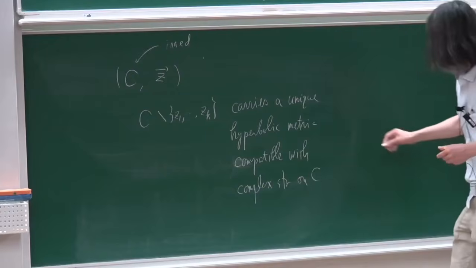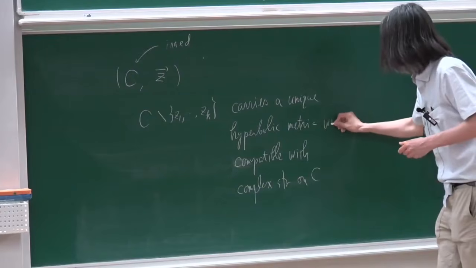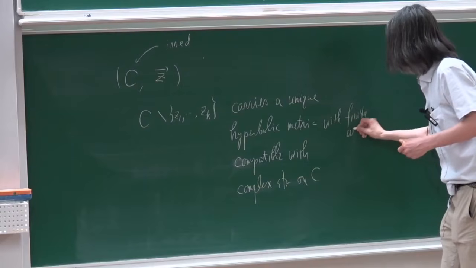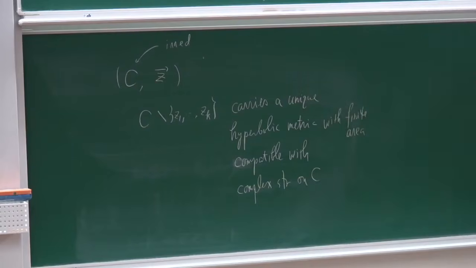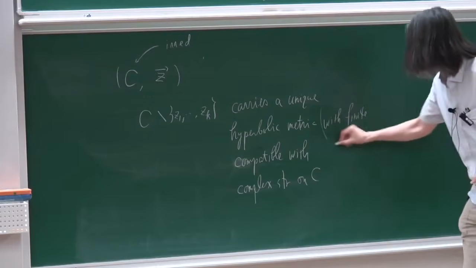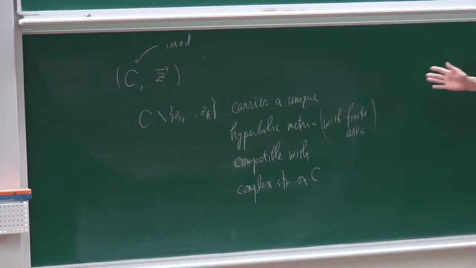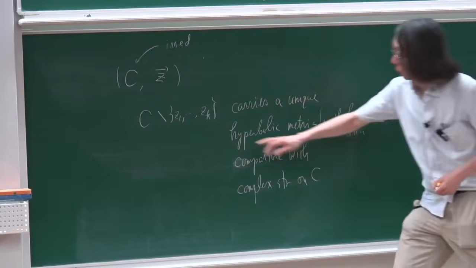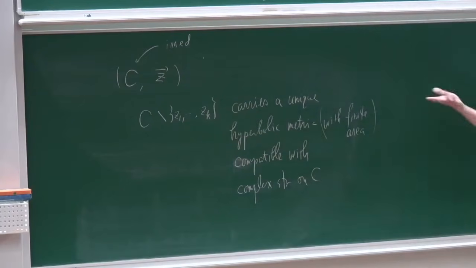So maybe we can also write it with finite area. Not an arbitrary hyperbolic metric. A hyperbolic structure on a surface may have some infinite things, but here we only consider finite area, because these are punctures and therefore correspond to cusps.